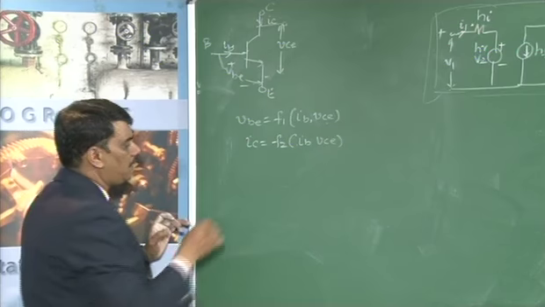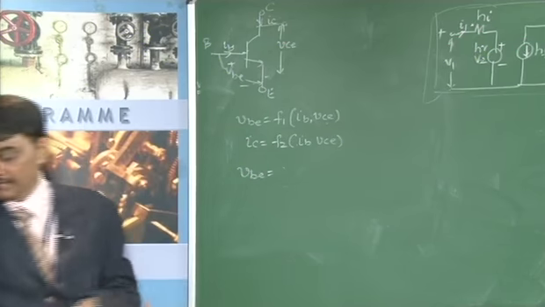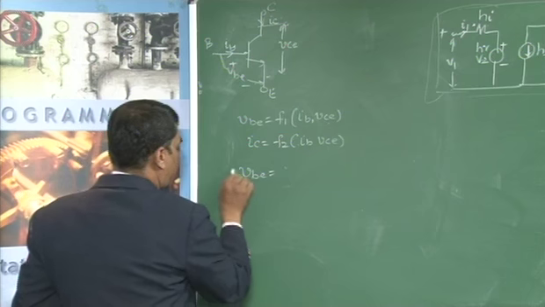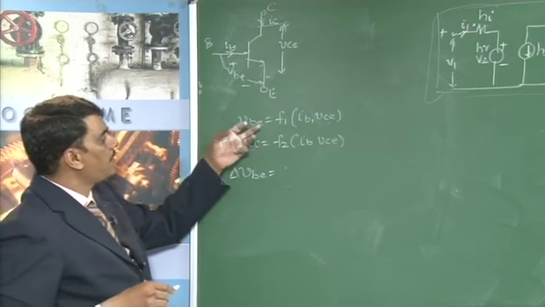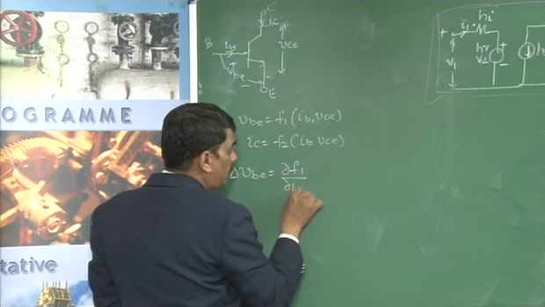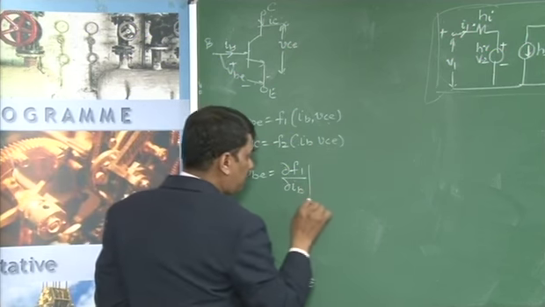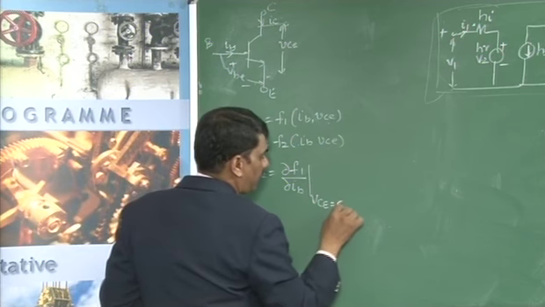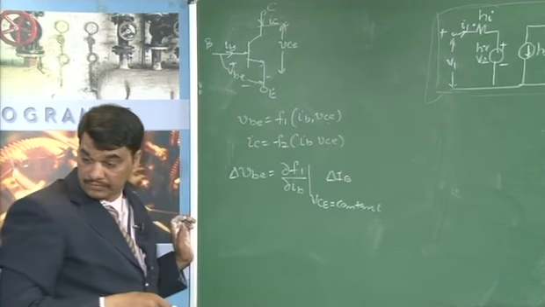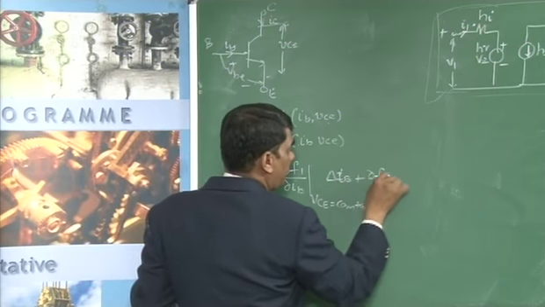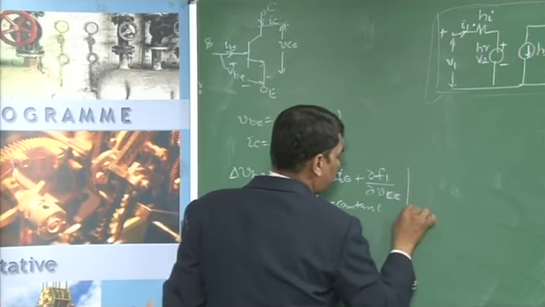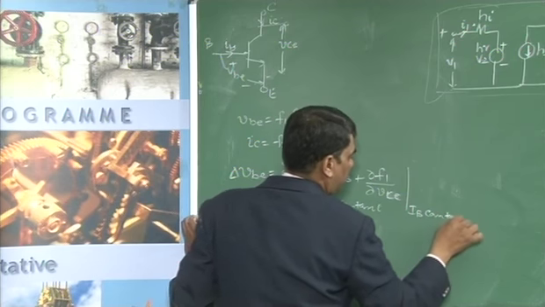By Taylor's expansion, the change in voltage VBE is given by the partial derivative of F1 with respect to IB with VCE constant, into delta IB, plus delta F1 divided by delta VCE with IB constant, into delta VCE.